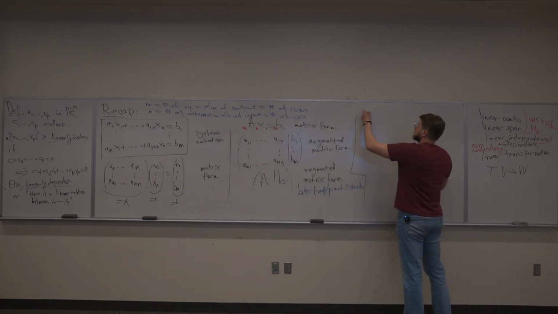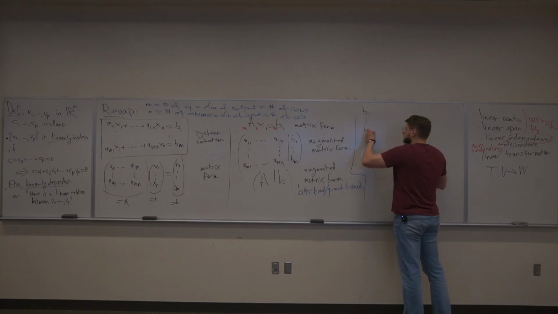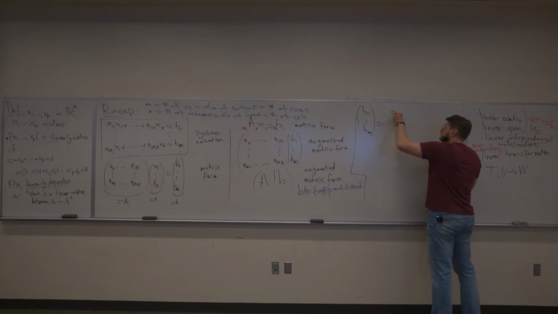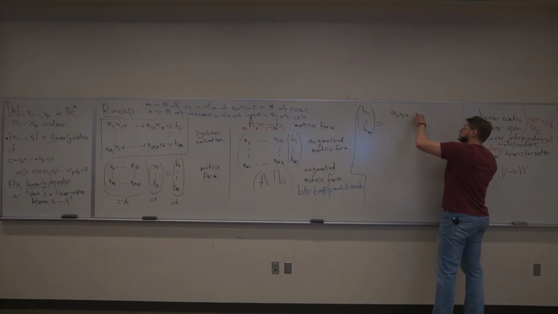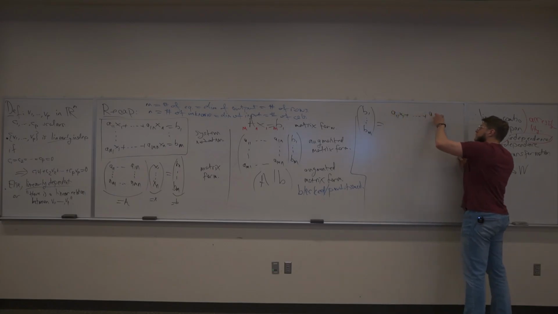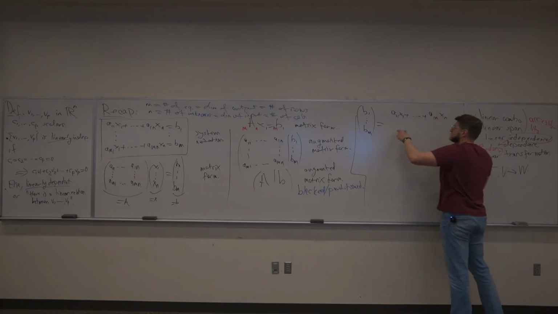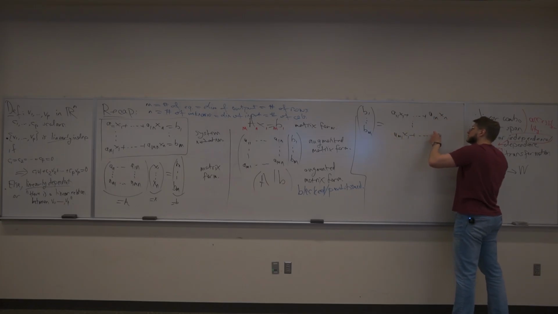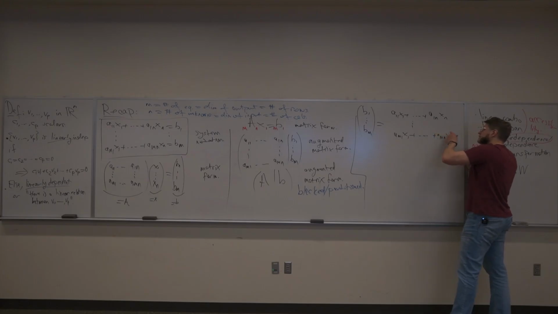In fact, I'll start with the right-hand side. I'm going to write it like so. A11 x1 plus dot dot dot plus A1n xn. AM1 x1 plus dot dot dot plus AMN xn.